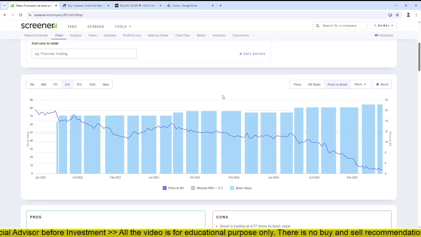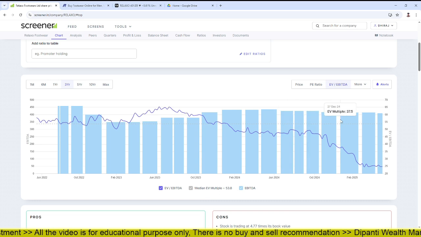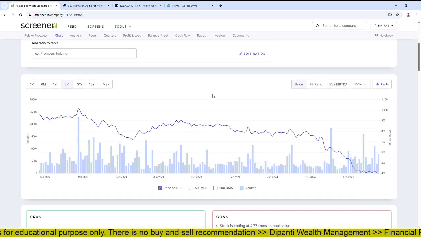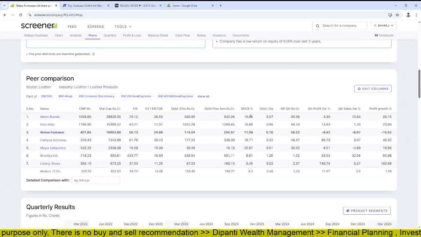So it is also a positive sign. The company's EV to EBITDA, you can compare from this point also. The company is in discount price. So these are the ratios and how we can analyze. I hope it is clear.